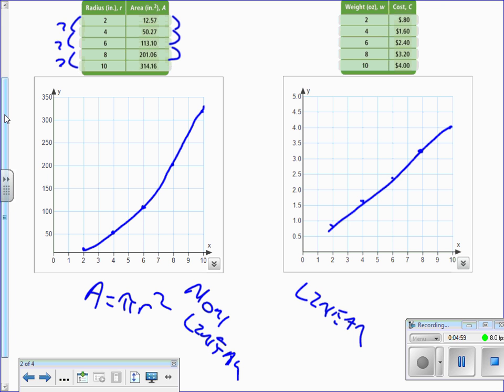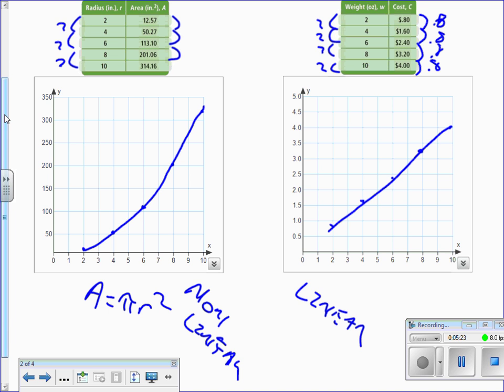And we talked about linear functions the other day. Each one of these goes up by 2 each time. And this one goes up by 0.8 each time. It goes up by the same each time on both of them. It's the same difference each time.